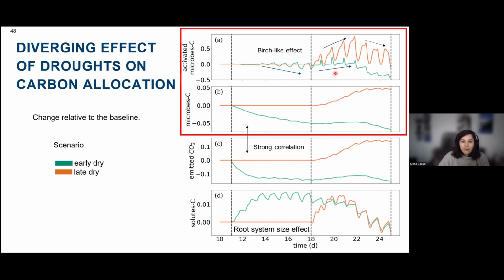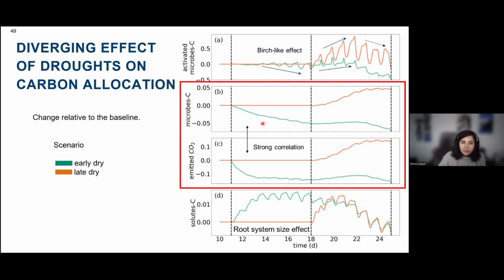And then we get a small activation pulse and then a small CO2 emission pulse. And that is a little bit what we see with our early dry spell, where the activation of microbes goes down and then goes up with the pulse. And we see also the CO2 emission that goes a little bit up after the wet pulse. But we only call it a Birch-like effect because we don't represent all the processes that are involved in this phenomenon.